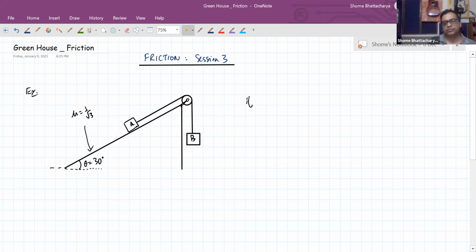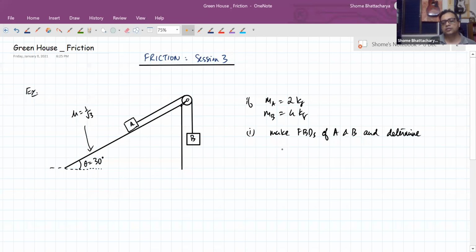So if the mass of A is, let us say, 2 kilograms, whereas the mass of B is 4 kg. So first of all, make free body diagrams of A and B and determine the frictional force on A in newtons, and the tension in the string in newtons.